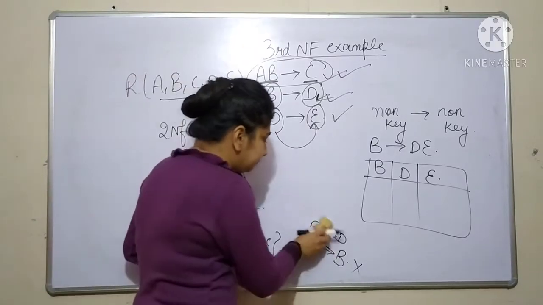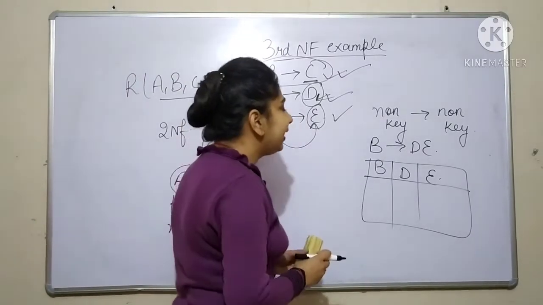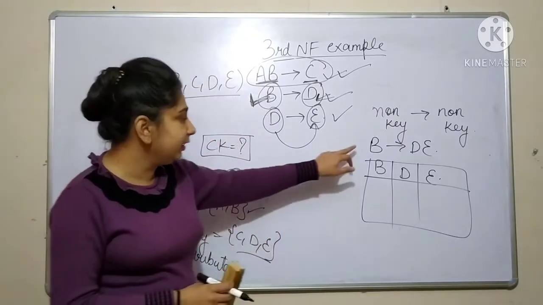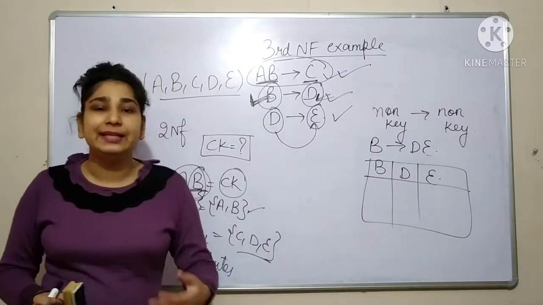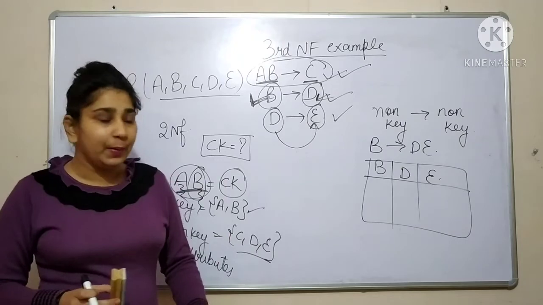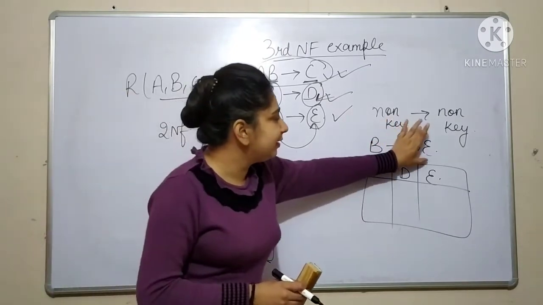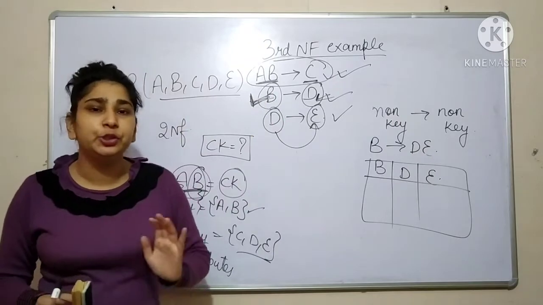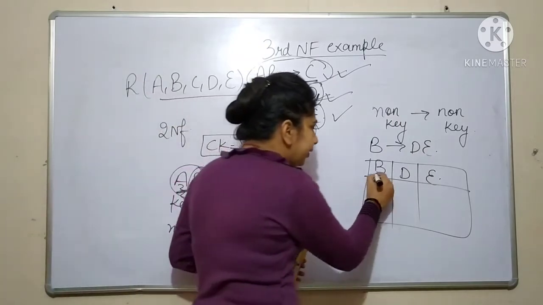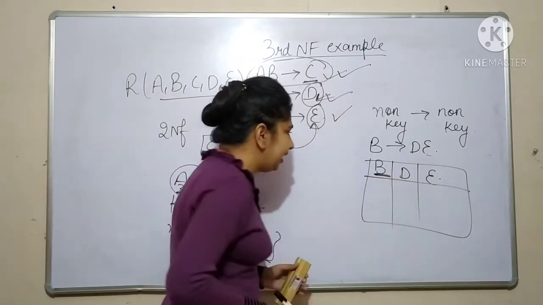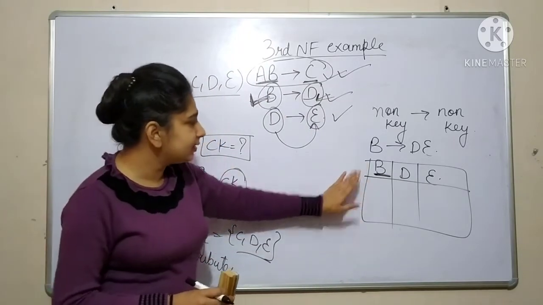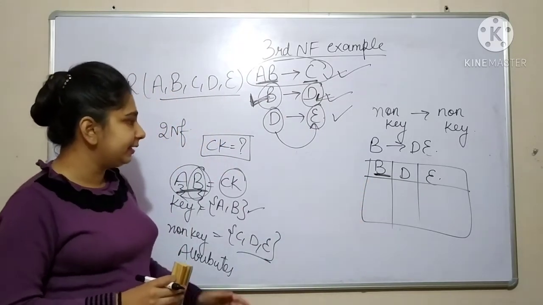In this case, B is determining both attributes D and E. If I give you any value of B, you can get the value of D and E uniquely. So what is going to be the candidate key of this relation? B. B is going to be your candidate key.